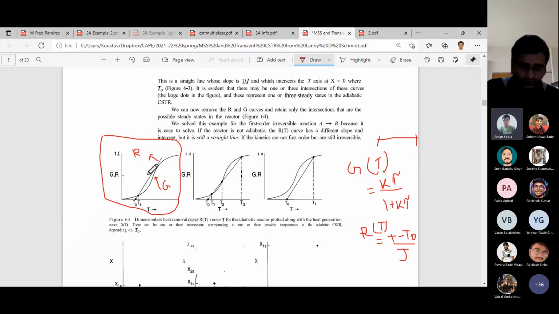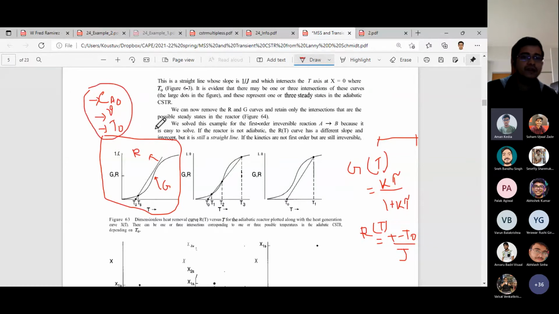So the first case can be like for a given T0, and for given other parameters, like let's say Ca0, that is the inlet molar concentration of the reactant. Then you have the volumetric flow rate. Not only the temperature at the reactor inlet, but these are other parameters. I'll tell you the exact reason why I have written these three parameters now.